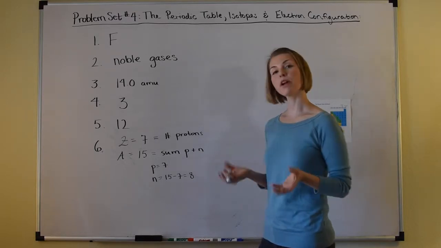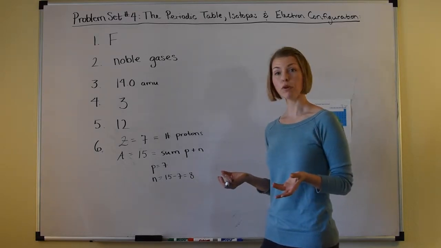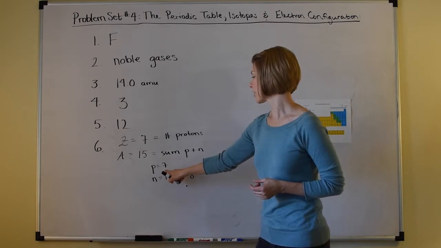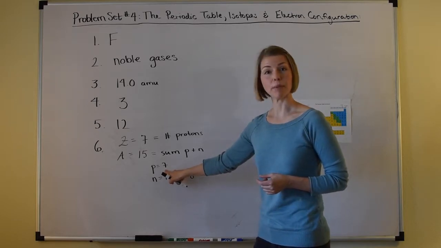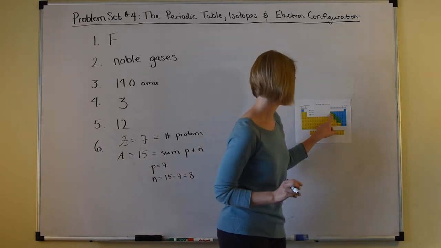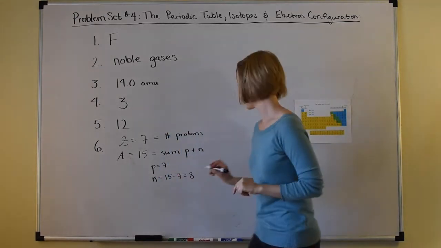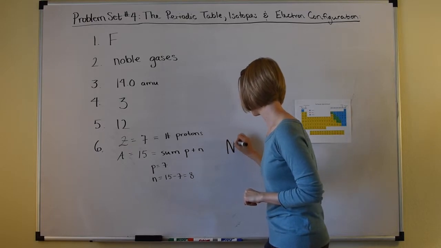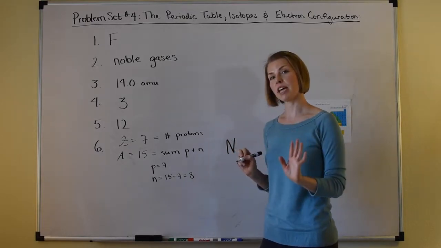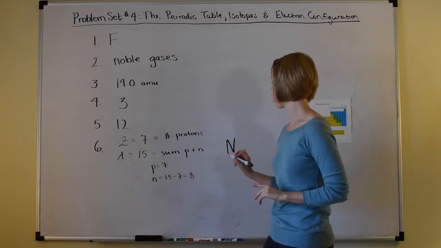Now when we want to write this element symbol, we can look on the periodic table to see which element is atomic number 7. Check on your periodic table, atomic number 7, that is the element nitrogen. So for our symbol, we're going to write N for nitrogen. We want to represent that it's a specific isotope of nitrogen.